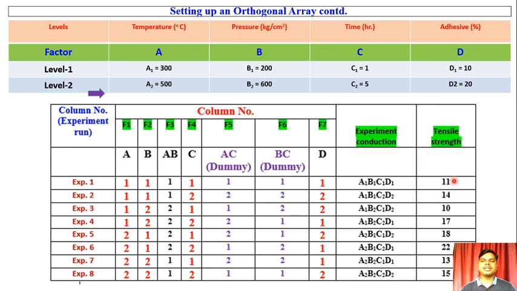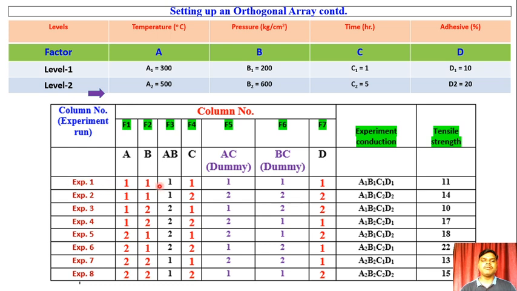Okay, after computing this tensile strength, it is not necessary that in every experimentation we'll get the same value. So this experiment number 1 can be repeated 2 to 3 times, so that we can verify what is the variability in the data, and we can find out the mean. So we can find out the mean of every parameter and write it here.